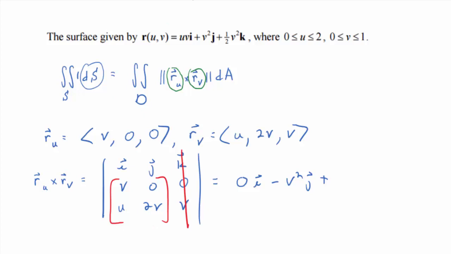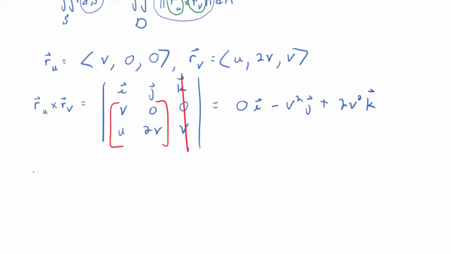Just 2v², right? Not a bad one to compute. 2v² k, that's the k component. And then what do we do with that according to this formula? Magnitude. So the magnitude of r_u cross r_v is the square root of something. What is that?